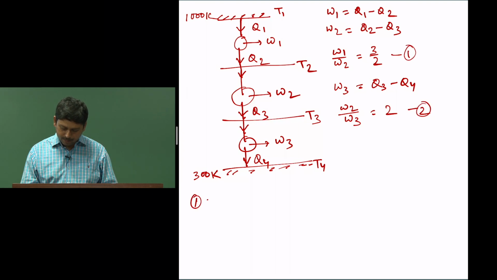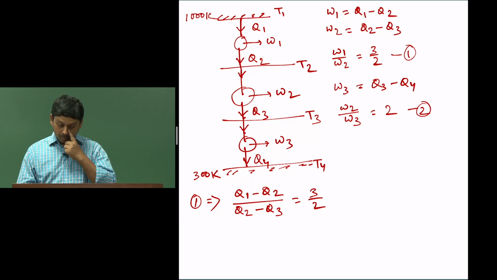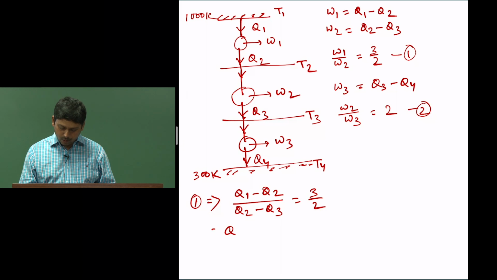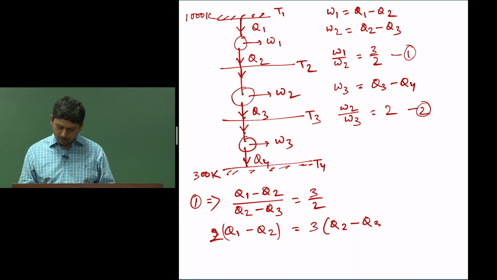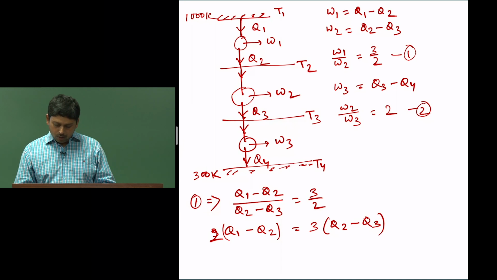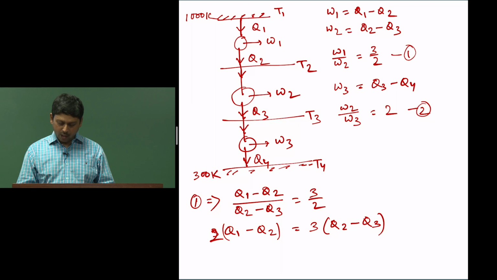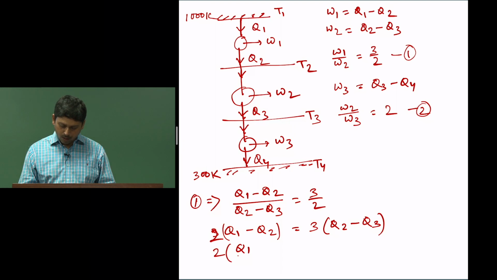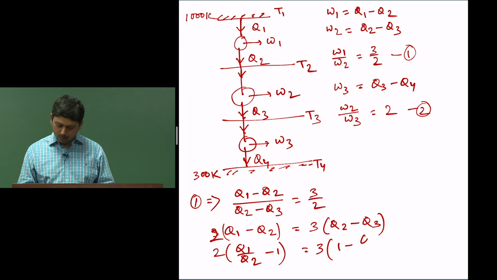From 1 we get Q1 minus Q2 by Q2 minus Q3 is equal to 3/2. Rearranging that, we will get 2 into Q1 minus Q2 is equal to 3 into Q2 minus Q3. Now I can divide both sides by Q2, and I get Q1 by Q2 minus 1 is 1 minus Q3 by Q2.